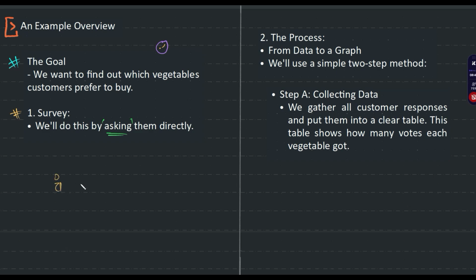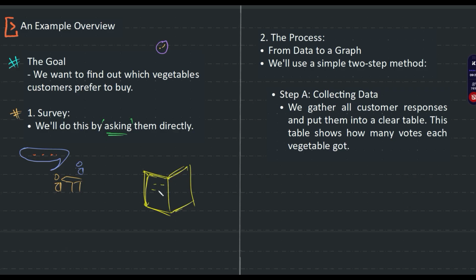A person sits in front of the desk and asks the people who are coming to buy from you what kind of sabzi they want more, what they would like to see more of, better of, and all of that. You just ask, and at the end of it, you keep a note of that. This person with this phone number told me that he or she likes to have more of this.